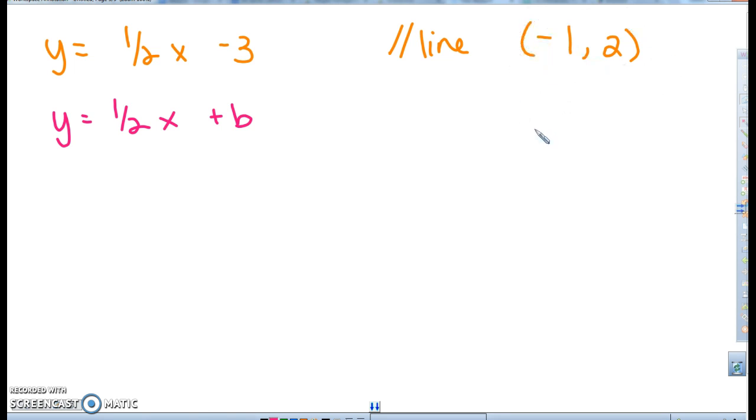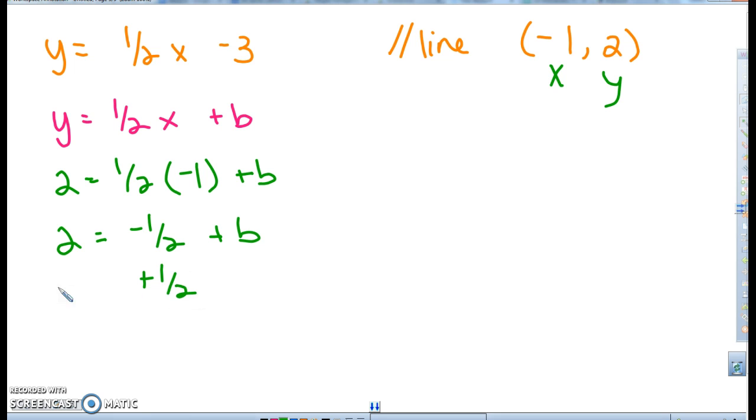So if you remember way back from a couple days ago, when we did writing an equation in slope-intercept form part 1, we did this exact thing, and we're going to plug this point in as our x and y values. So I'm going to plug in 2 equals 1/2 times -1 plus b, and I'm going to solve for b.